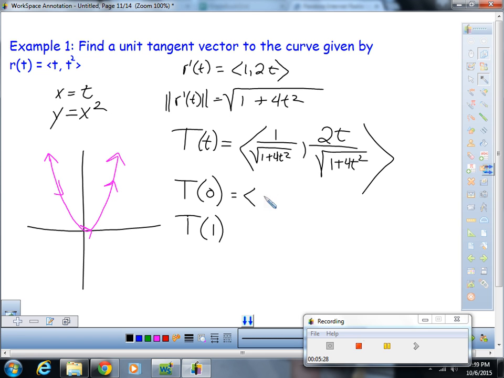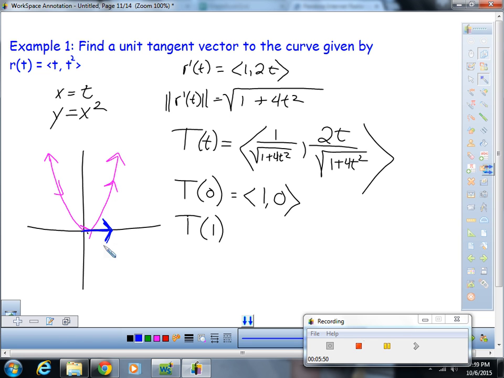That's going to be <1, 0>. Notice that that's a unit vector, so that's kind of nice.